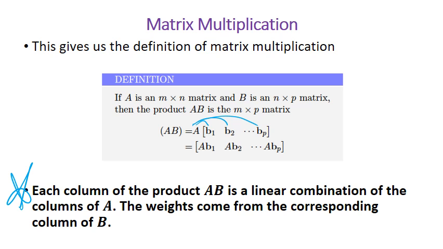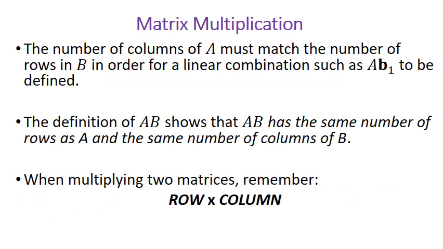Each column of the product is a linear combination of columns of A, and the weights come from the column of B. Now, when you are multiplying two matrices, they do not necessarily have to be the same dimensions. Sometimes it's good, but other times it's not.